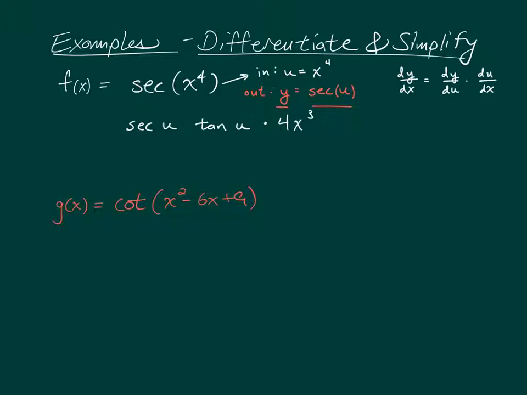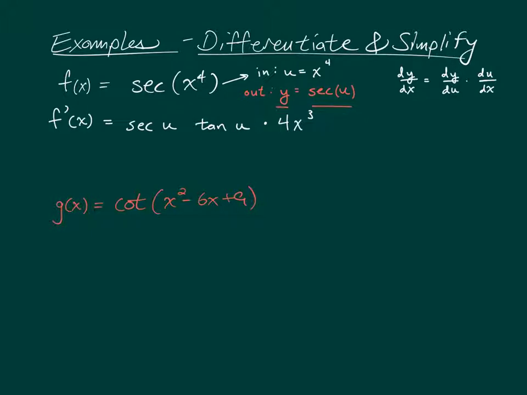So now we have this equaling f prime of x, right? The derivative of f of x. And now you can see over here we have an issue. We have secant and tangent in terms of u, but everything else is already in terms of x. We need this in terms of x because we have f prime of x, not f prime of u.